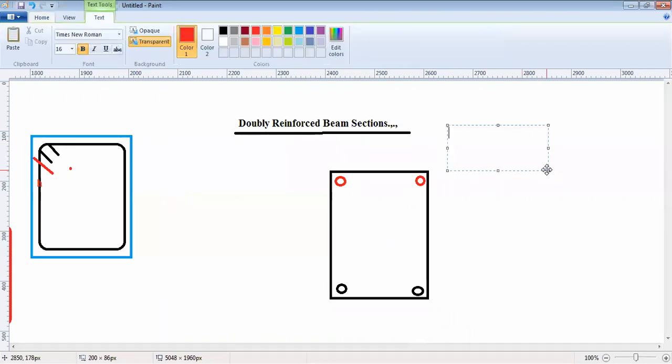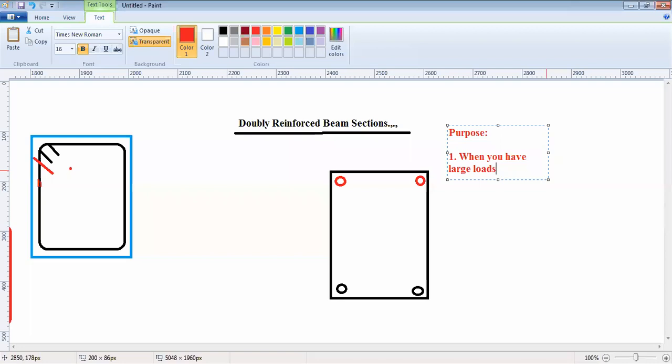What is the purpose of requirement of a doubly reinforced section? The first purpose is when you have large loads. If you have large loads, there will be more and more stresses, both in compression as well as in tension.